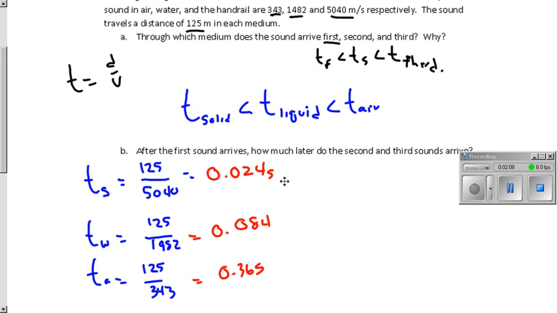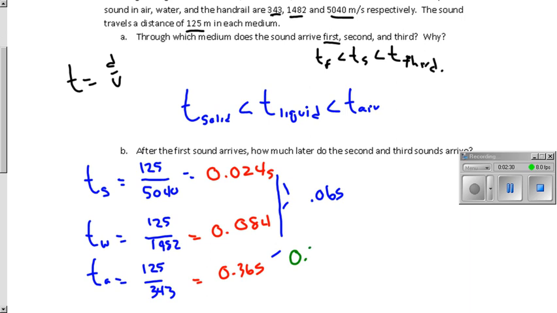So the first sound happens, and then after another 0.06 seconds, the second sound arrives. And then from the first sound to the third sound, we end up wasting another almost 3/10 of a, or more than 3/10 of a second.